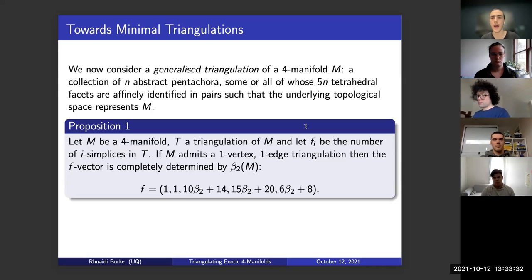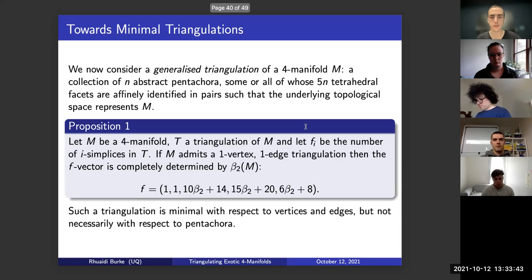So here it is here, and this is not too difficult to prove. It's largely an exercise in pushing around Dehn-Sommerville relations and solving a linear system. It's pretty straightforward. Now, such a triangulation is obviously minimal with respect to vertices and edges. You need at least one of these things, right? You need at least one vertex, one edge. So you can't get any better than one.